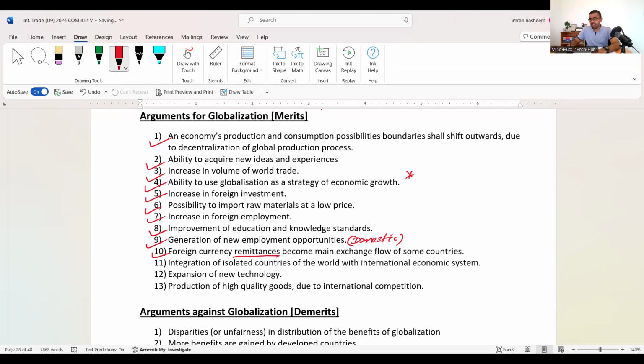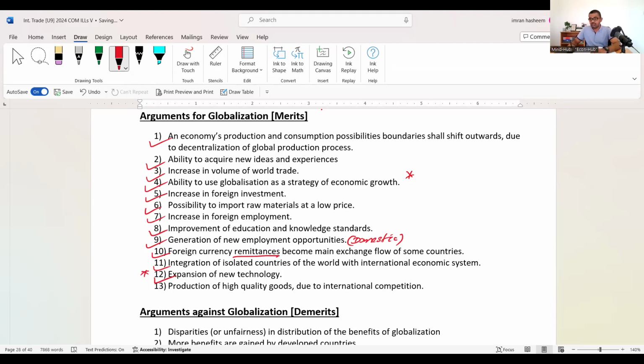Integration of isolated countries of the world with international economic systems, right? Through that, their own domestic financial and banking systems, education systems and communication systems develop, along with expansion of new technology. It's towards the end, but a definite advantage of globalization.